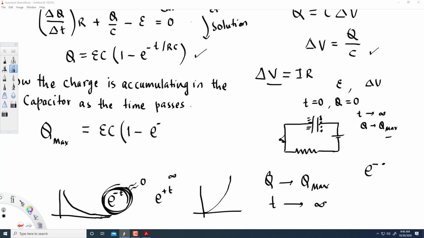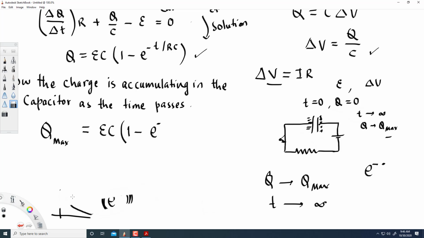So this thing would be 0, because e to the minus t over RC, when t is infinity, is almost 0.